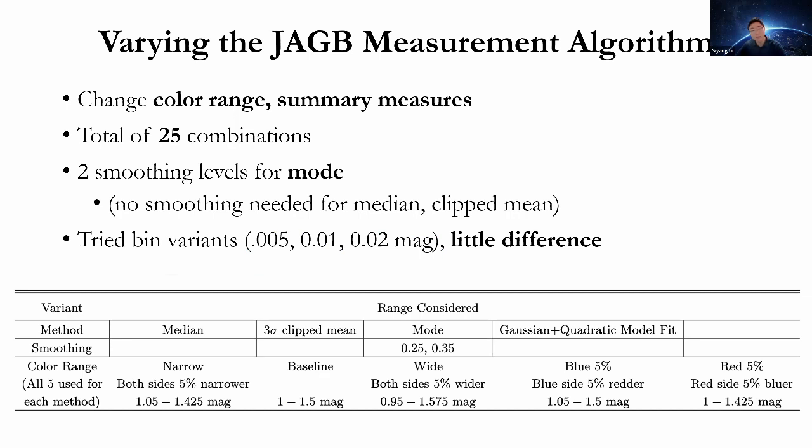So we explored 25 different combinations of measurement variants. This includes 5 different color ranges, as well as 5 different summary measures. That includes using the median, the clipped mean, the mode with 2 different smoothings, and the model fits. We did also try to look at the binning variance, or changing the binning for the methods that require binning, and we found that those made very little difference.